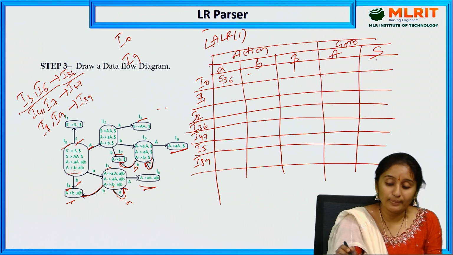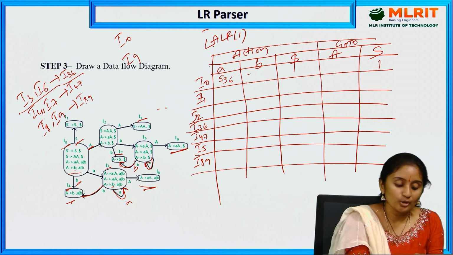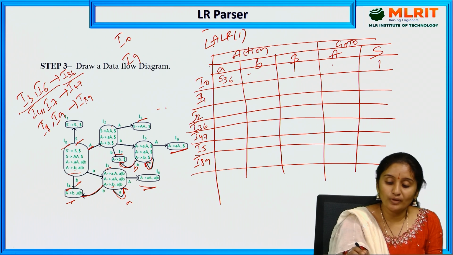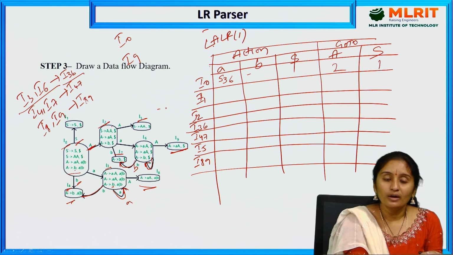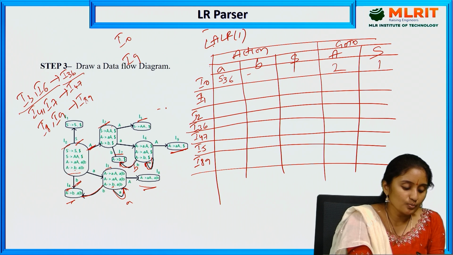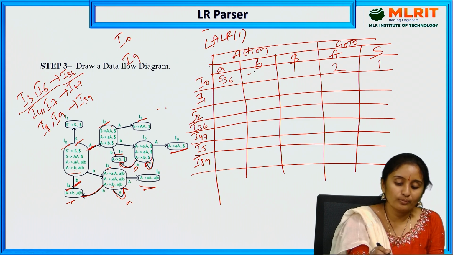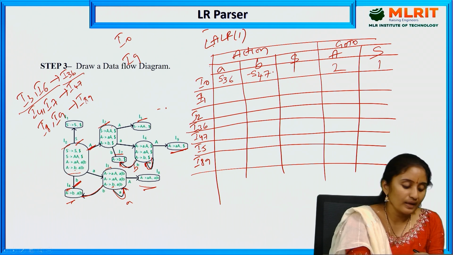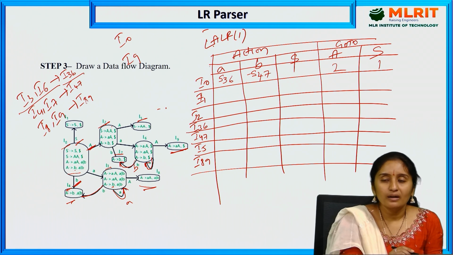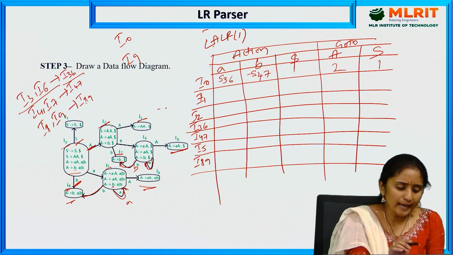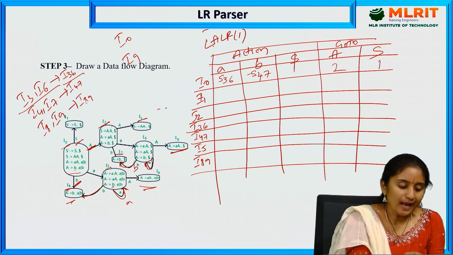I0 on capital A is moving to I2. I0 on small b is moving to 4, which is S47, as 4 and 7 have the same production but different look ahead symbols. I0 is completed. The next, I1.